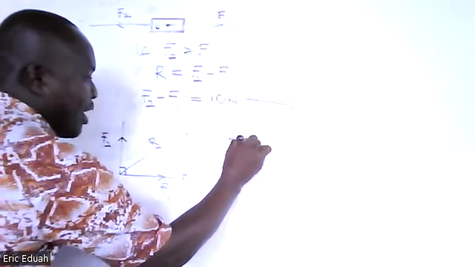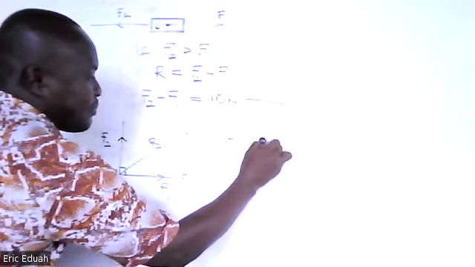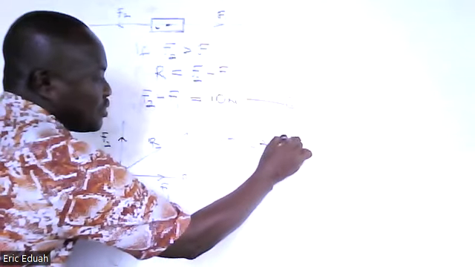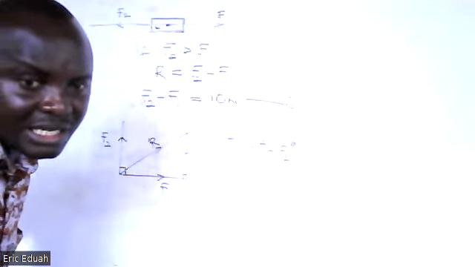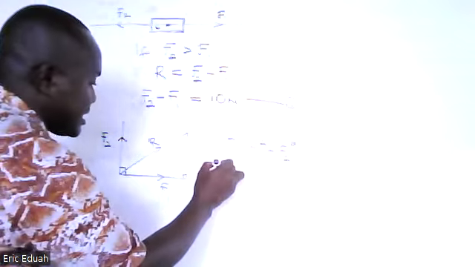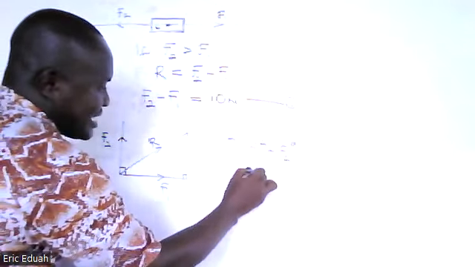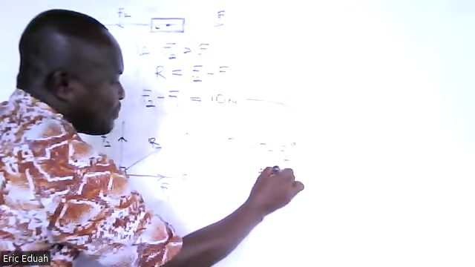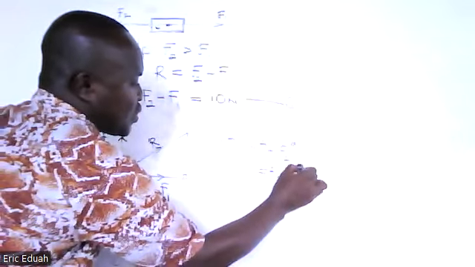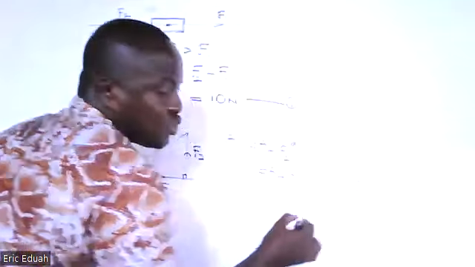So F1 squared plus F2 squared gives the resultant squared. And the question said that in this particular situation, the resultant is 50. So we have 50 squared is equal to F1 squared plus F2 squared. And this is equation 2.